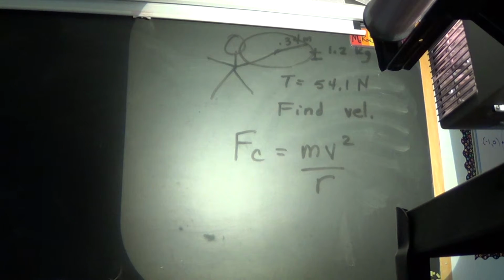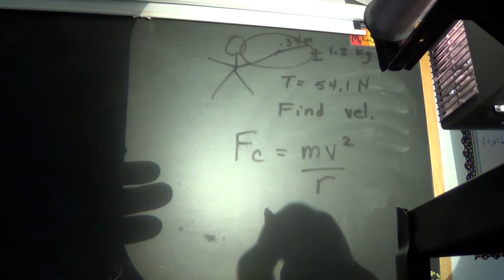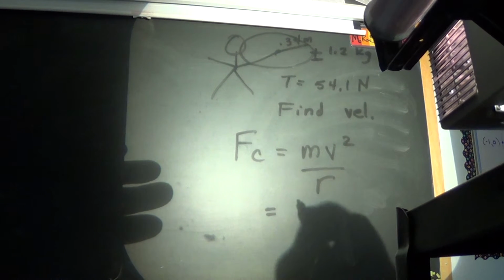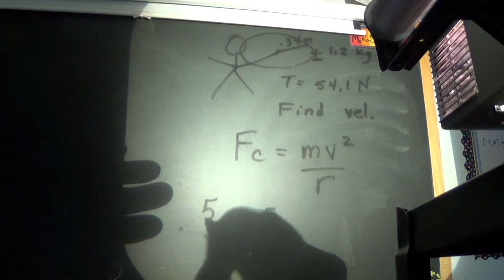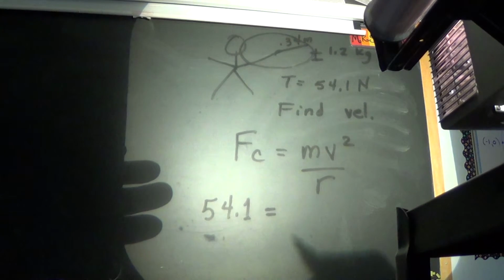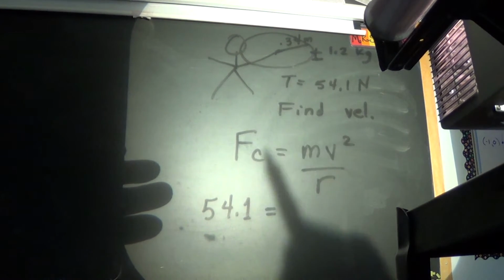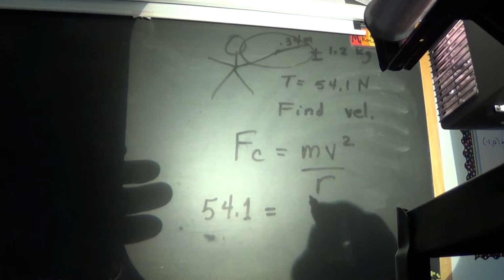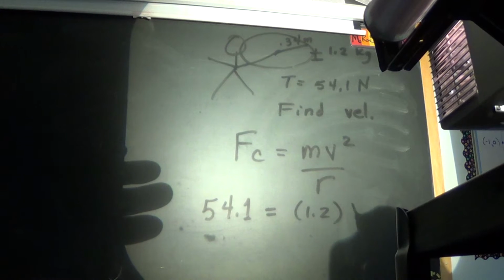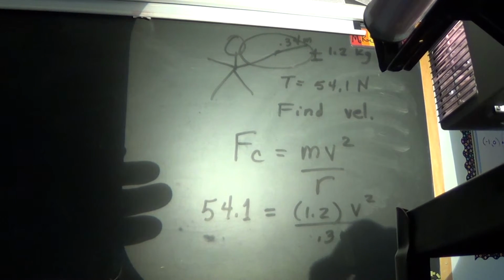Is that for the kilograms? Yeah, it's already 1.2, it's already kilograms. So we're gonna put in some numbers. Force centripetal is 54.1, because the tension is providing the force centripetal. So I'm gonna use that number for force centripetal. Mass remains 1.2. Velocity is what I'm looking for, and r is 0.34.